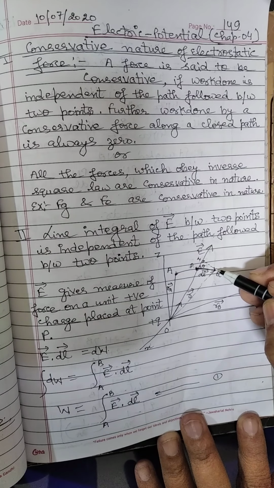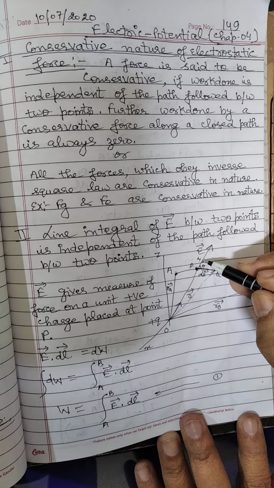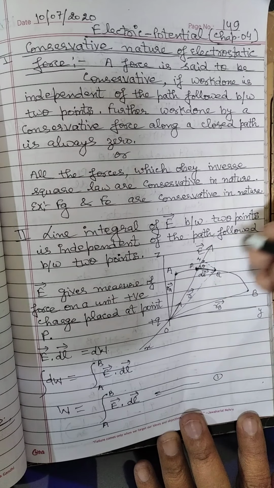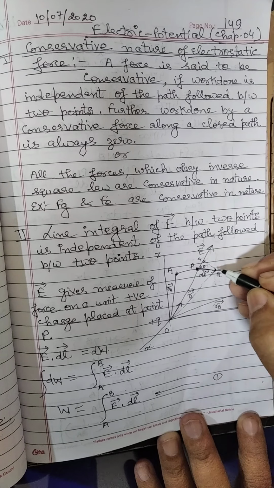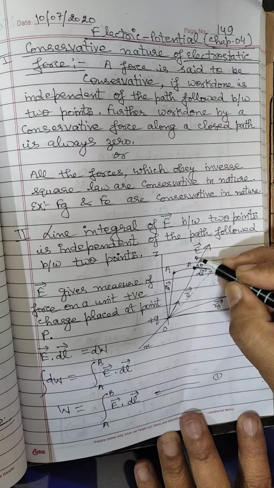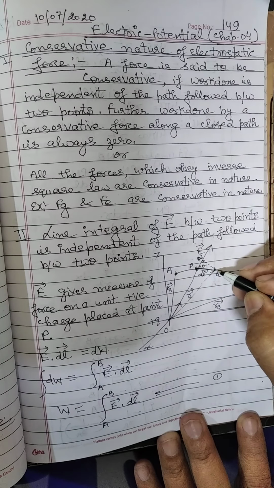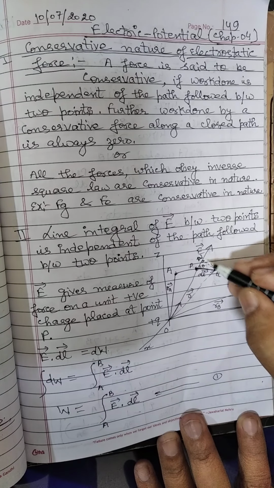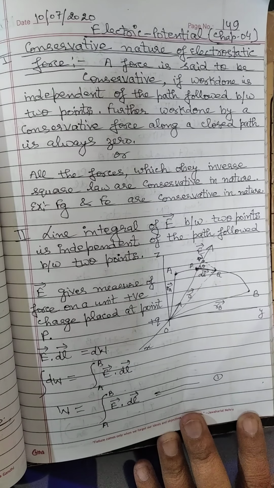So if you draw the perpendicular from Q, this is N, this point is N. So the perpendicular is drawn from here, that is QN, and this angle is theta.